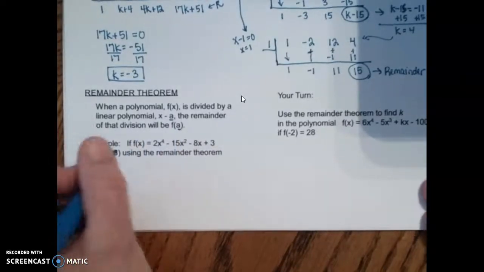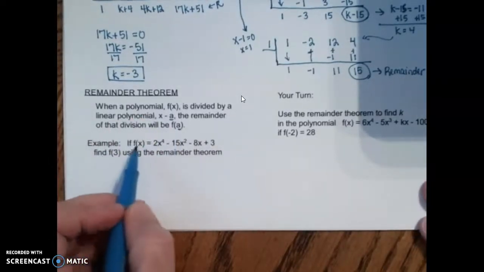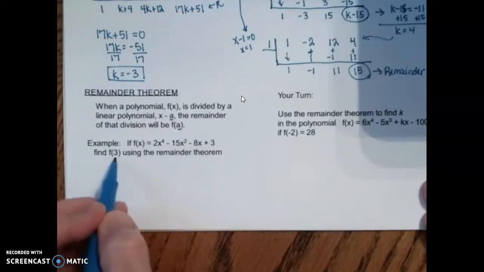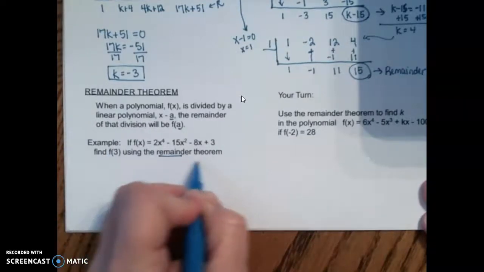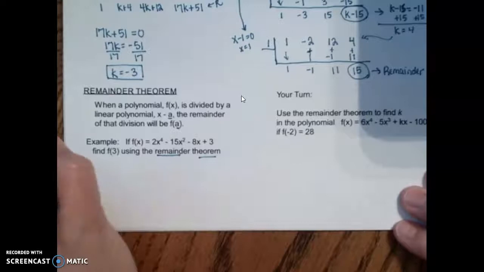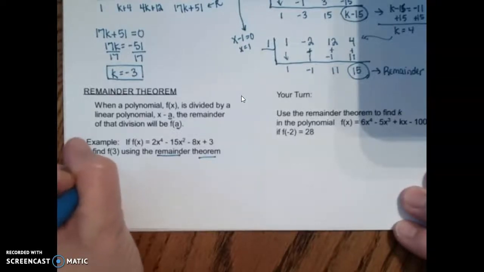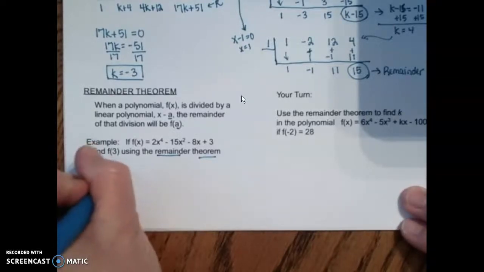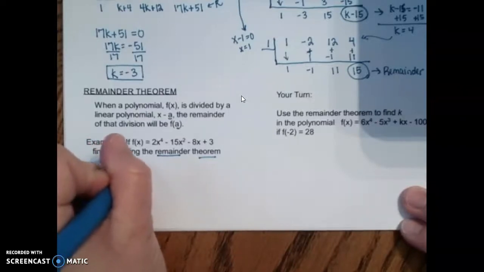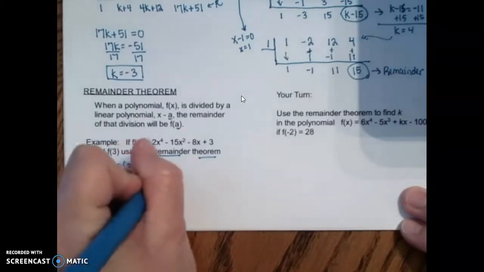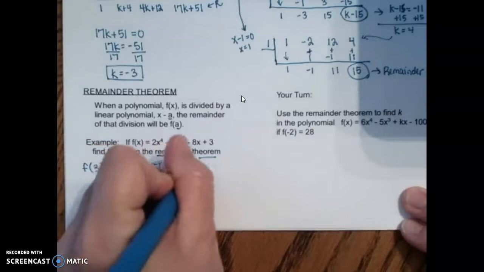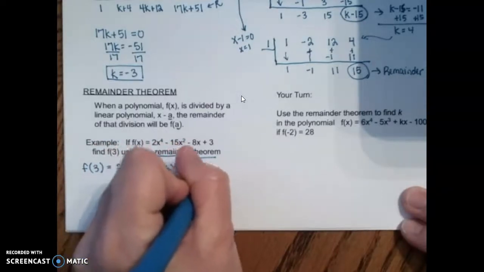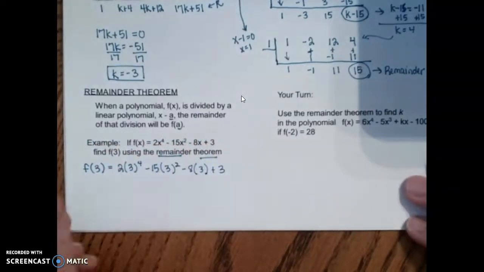Okay, so the first example gives you your polynomial and says find f of 3 using the remainder theorem. So you're simply going to sub f of 3 in. So we're going to have 2 times 3 to the 4th minus 15 times 3 squared minus 8 times 3 plus 3.